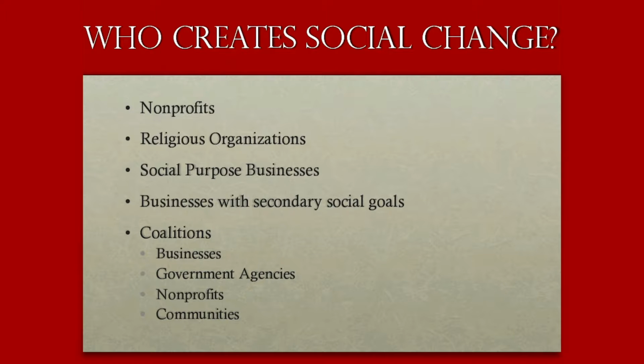And so it's very important for organizations to look at themselves within a system and look at both their natural and perhaps unnatural partners. So the coalitions of businesses, government agencies, nonprofits, and community members really play a stronger force in creating social change over the long term.